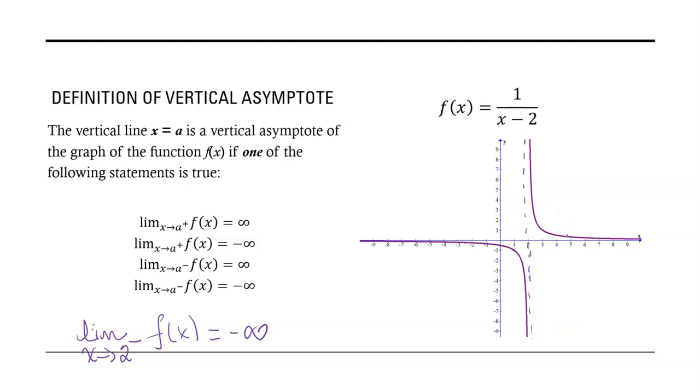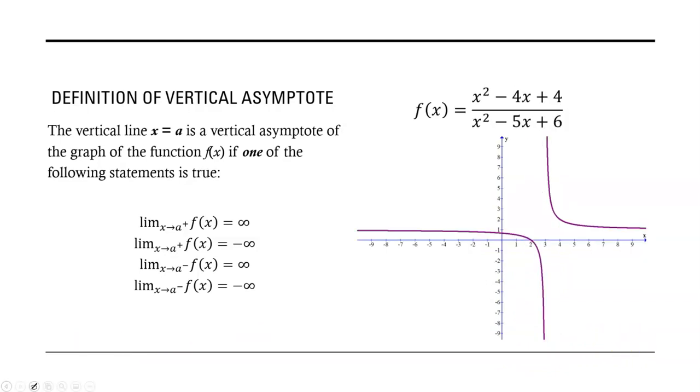The points we've been identifying started here at an x value of 1, and as we got closer and closer to 2, we moved further and further down this piece of the graph that's headed towards negative infinity. So while we can use a table to demonstrate the presence of a vertical asymptote, we can also use graphs to help us determine the location of vertical asymptotes as well.